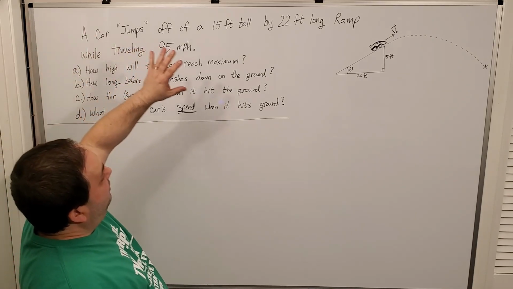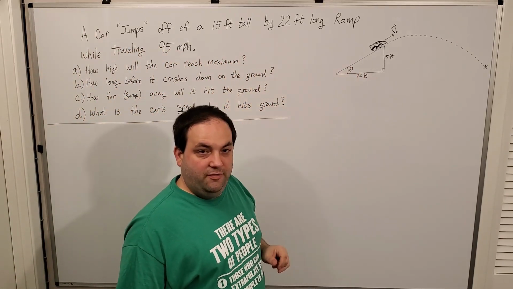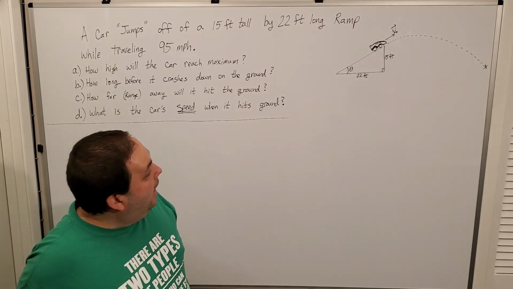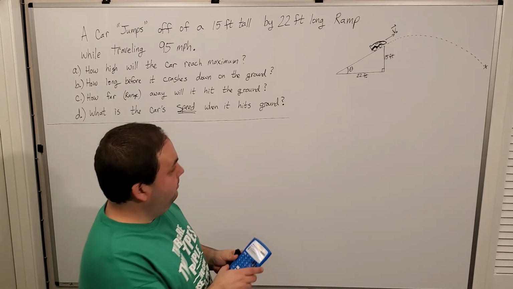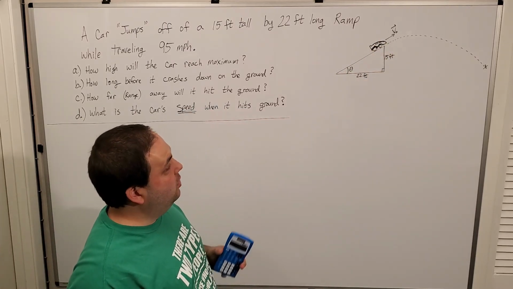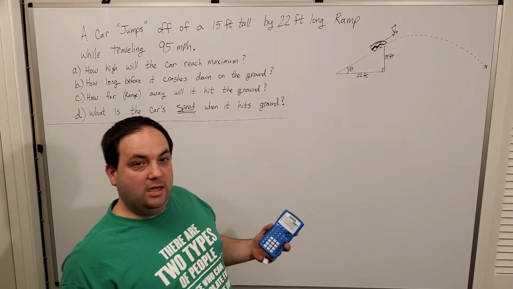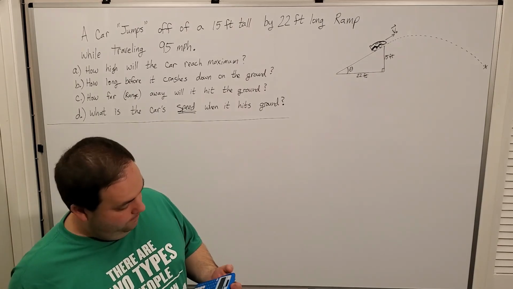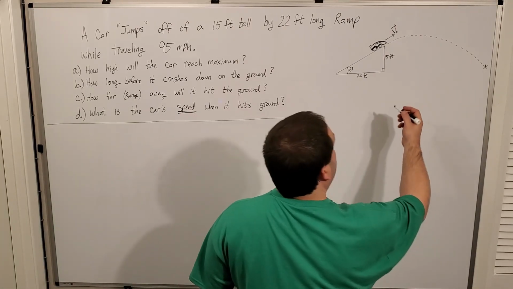So let's start with getting all of our initial ducks in a row, if you will. I can figure out my theta pretty quickly. Obviously the ramp is built to be a right triangle, so I can just say that the tangent of theta is 15 over 22.